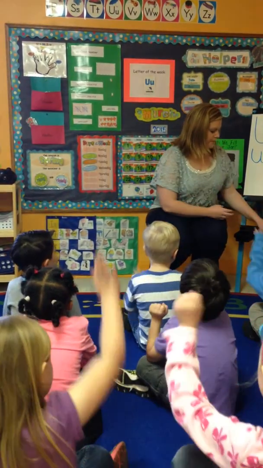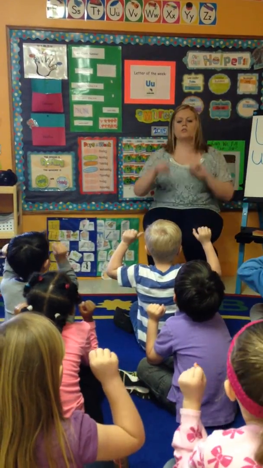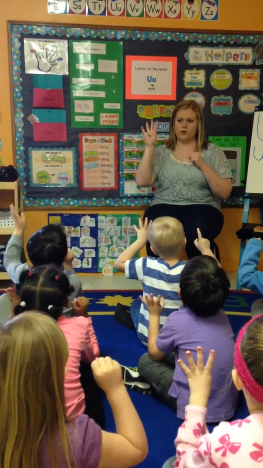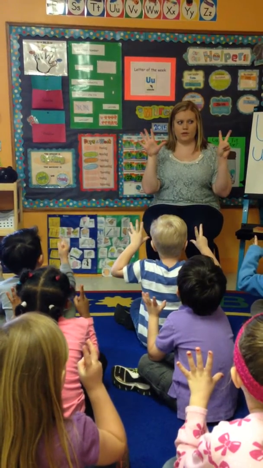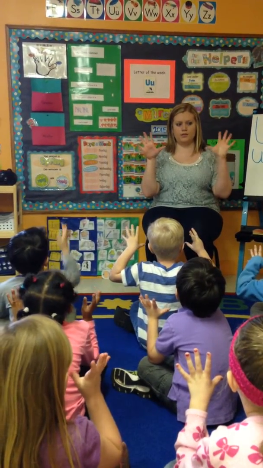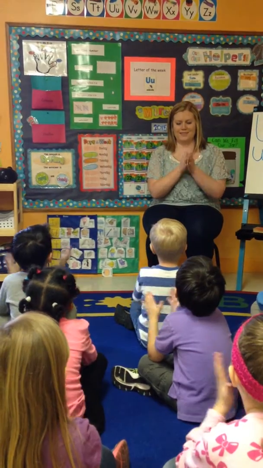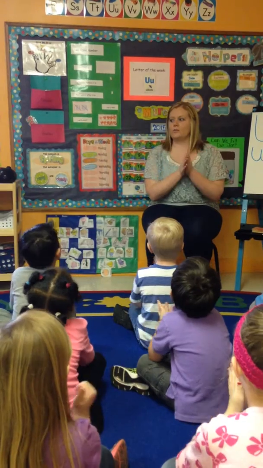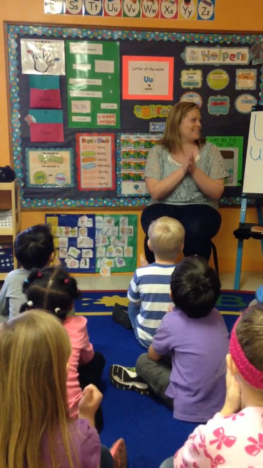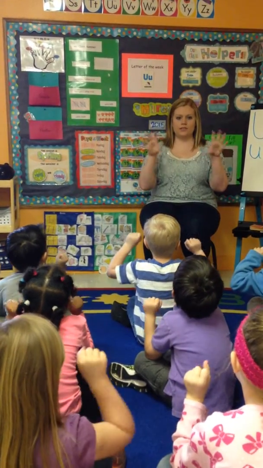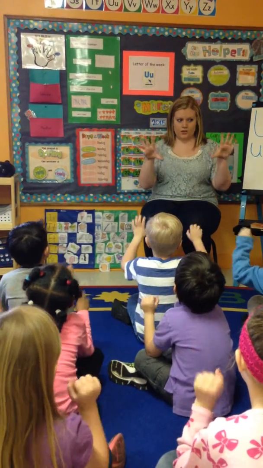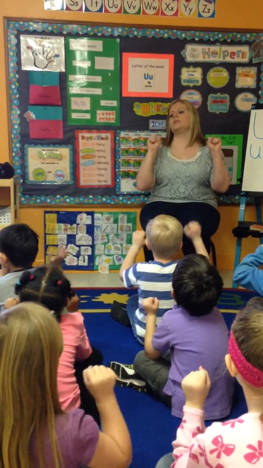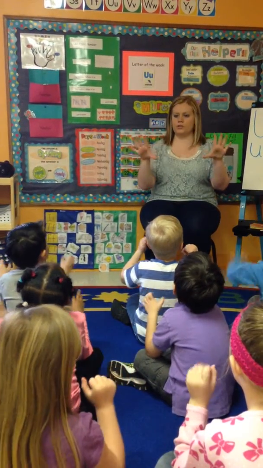Get your hands up. All right, we're doing by ones first. 1, 2, 3, 4, 5, 6, 7, 8, 9, 10. Okay, tens. 10, 20, 30, 40, 50, 60, 70, 80, 90, 100.